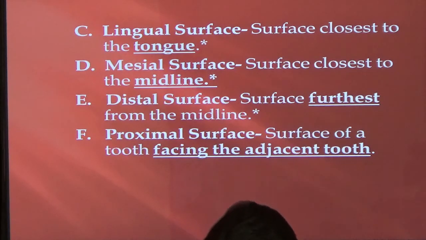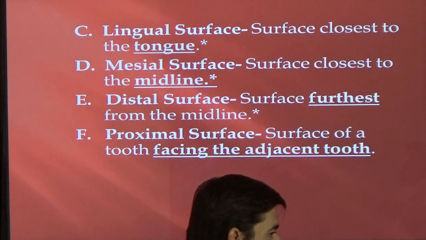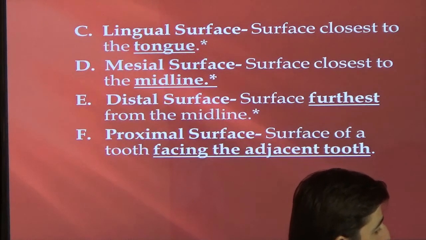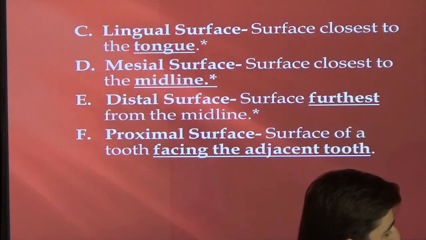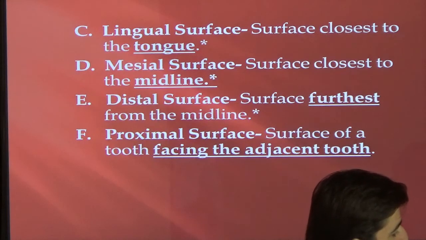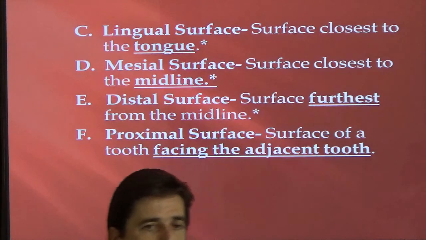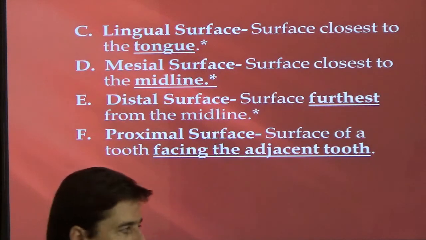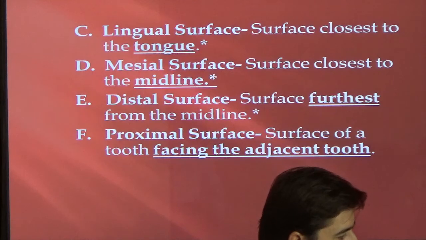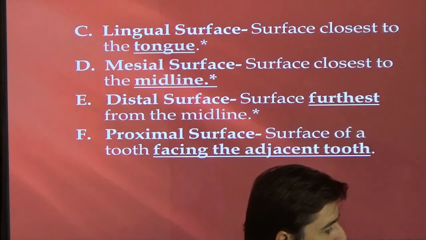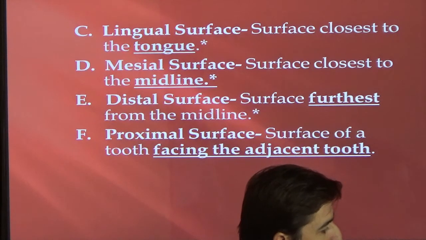So if you have a tooth here and the tooth next to it, this area here is the proximal area. That's the proximal contact. Where they come together, this is the proximal contact right here, right where they join.